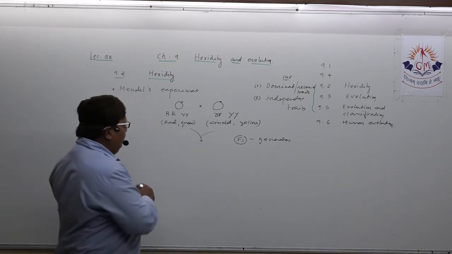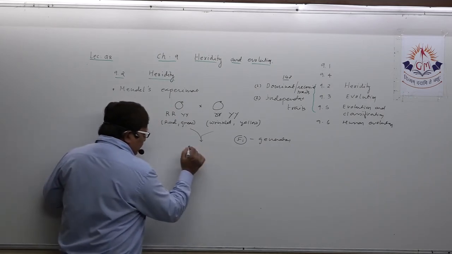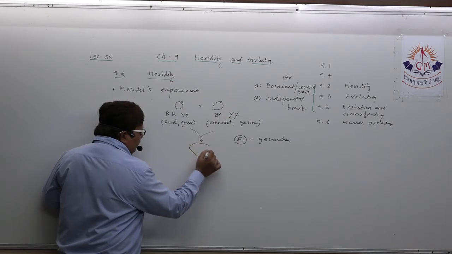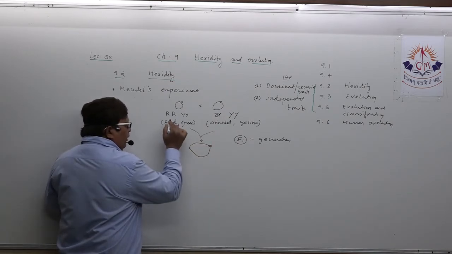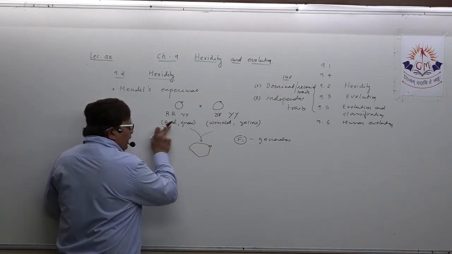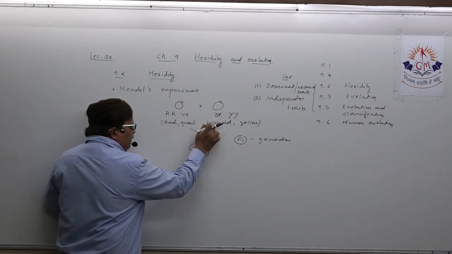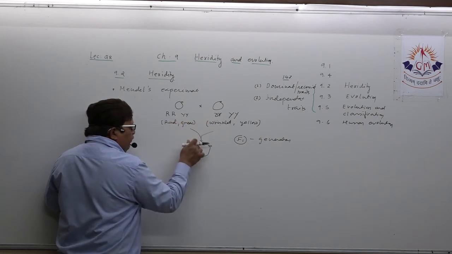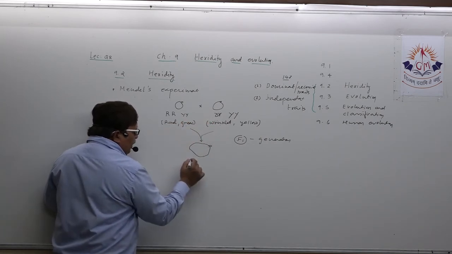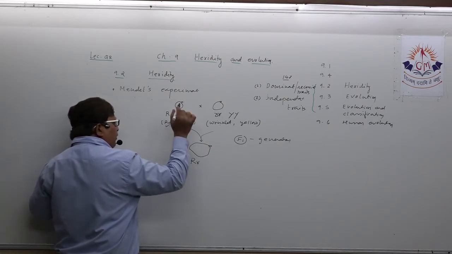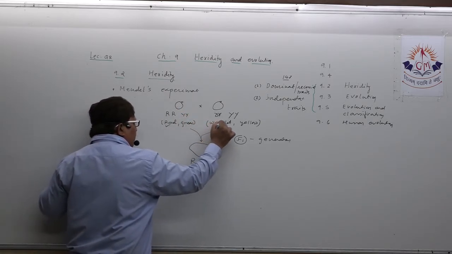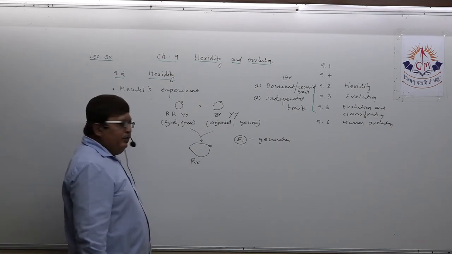Round and yellow combination, that means what? In the first generation of seed, round and yellow. So round and wrinkled, you think about the shape. When you find R combination in the first generation, that means round is the dominant trait, wrinkled is the recessive trait.